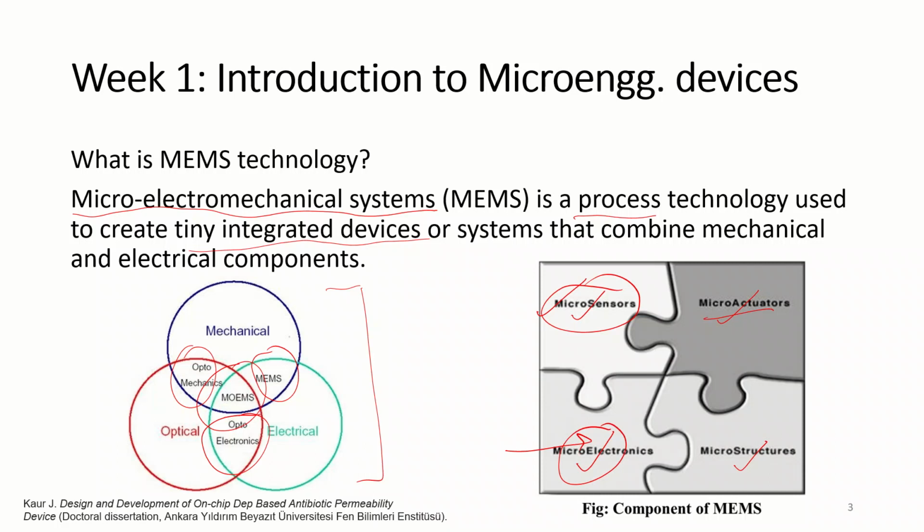And the microstructure is essentially the structural part of MEMS, since the sensors, actuators, and microelectronics are all in the micro regime. All this comes together and makes a micro engineered device, or particularly a MEMS device.